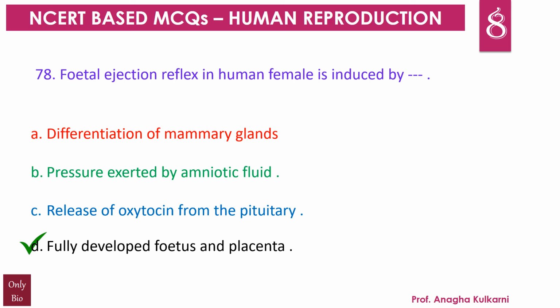Then oxytocin acts on the uterine muscles, leading to strong uterine contractions. It mainly works on the myometrium. And this further continues to much stronger contractions, which is called labor pain. As a result, the baby is expelled out of the uterus with the placenta through the birth canal. So this is the reason why the correct answer here is fully developed fetus and placenta.